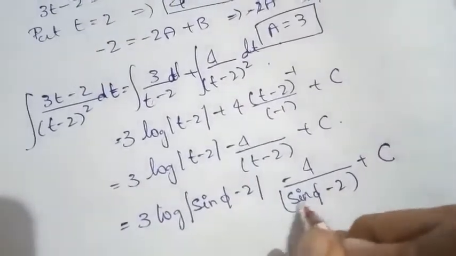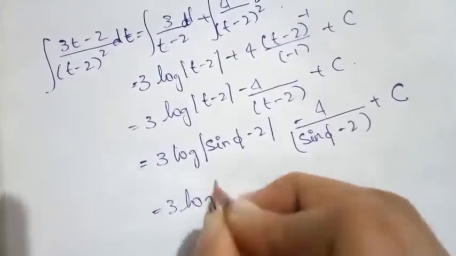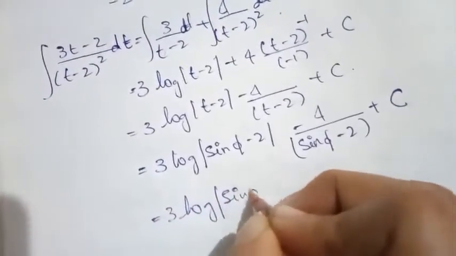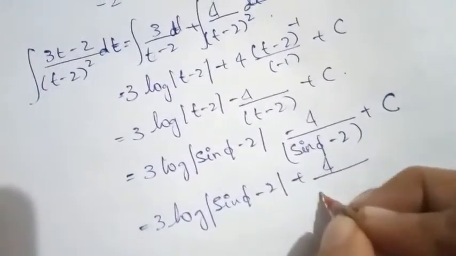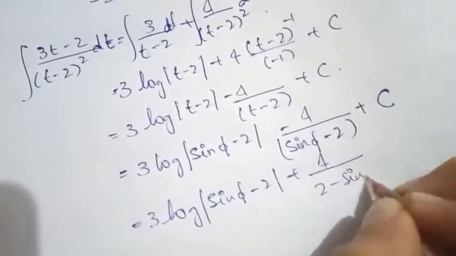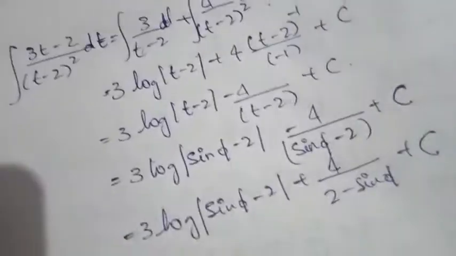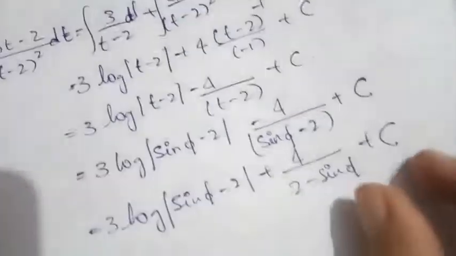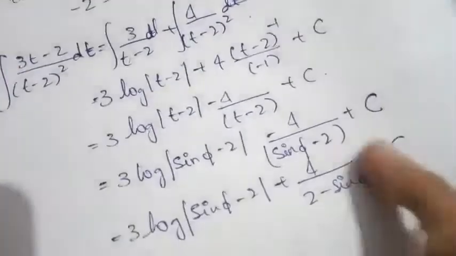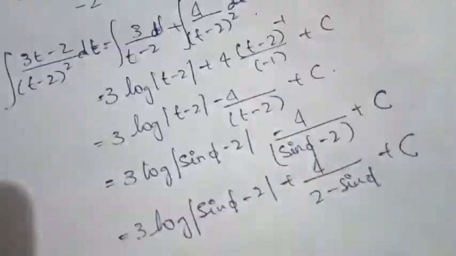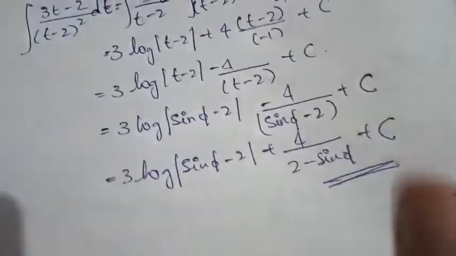By taking the minus outside from this term, what we are going to get is 3 log mod sin phi minus 2 plus 4 divided by 2 minus sin phi plus c. Clearly 2 minus sin phi is always positive, because the sin phi value lies between minus 1 and plus 1. So clearly this denominator is always positive. So this is the integral of the given question.